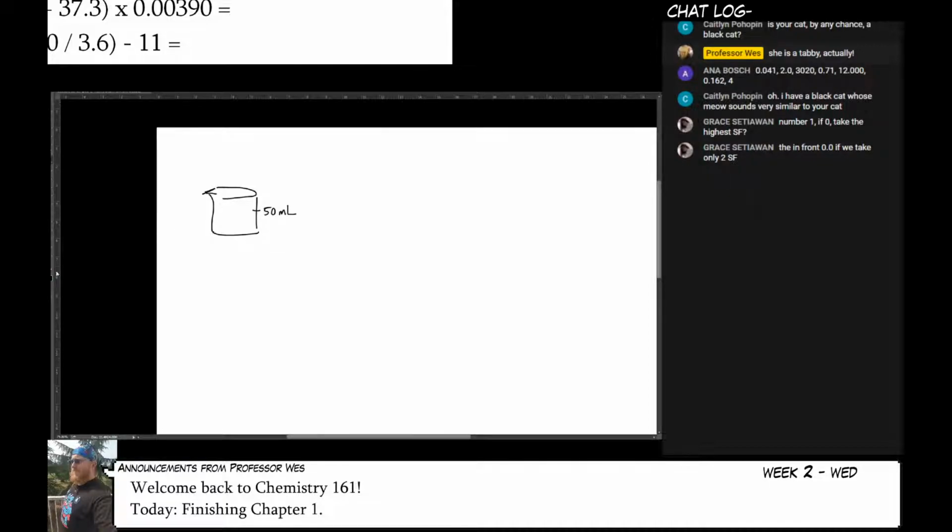And I guess my water's going to be pink, huh? So we're going to fill it to this line. And so we're going to say that the observed volume is 50 milliliters.